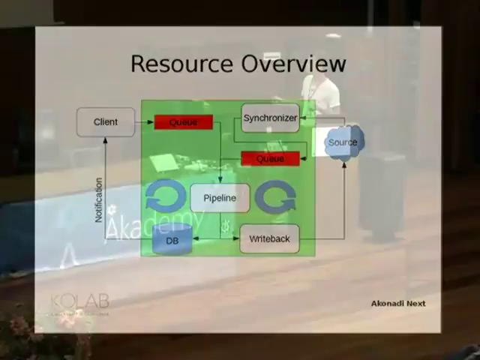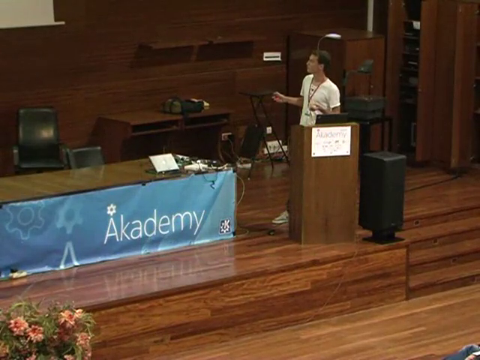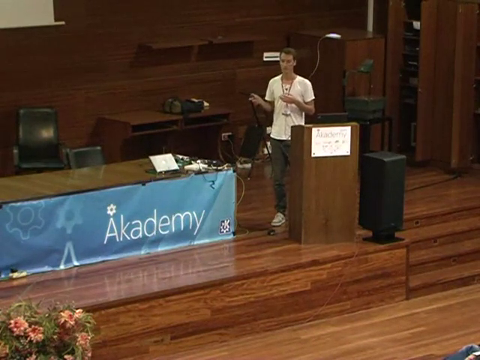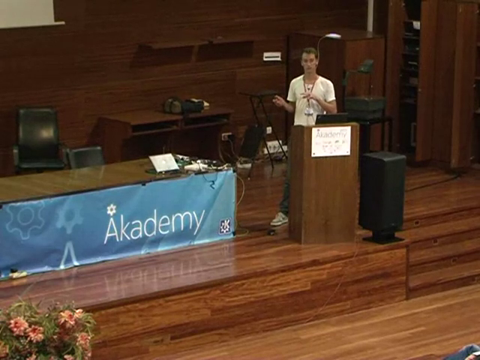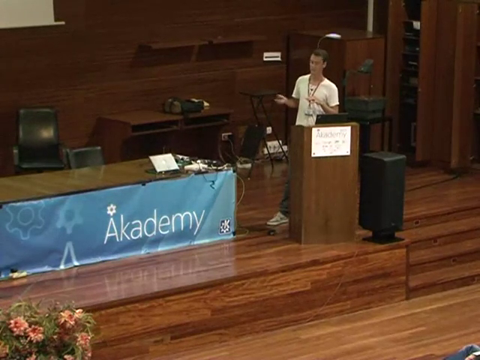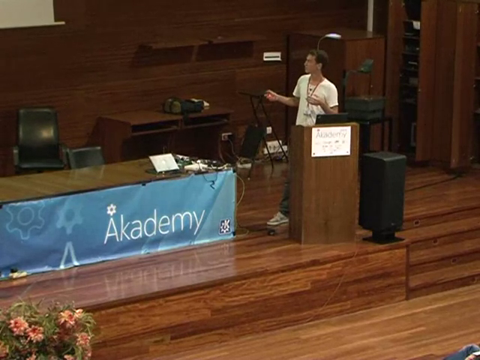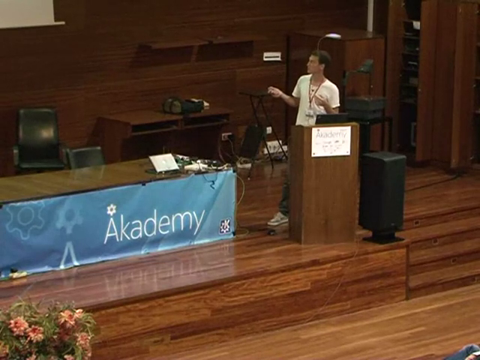On the other side, we have basically the same loop for the synchronizer. The synchronizer figures out the change set that it has against the source. The source is, for instance, the IMAP server. It then generates a change set that it also sends into the queue.